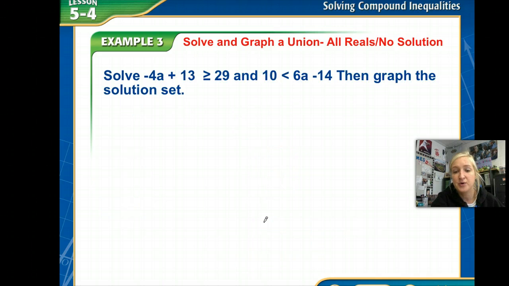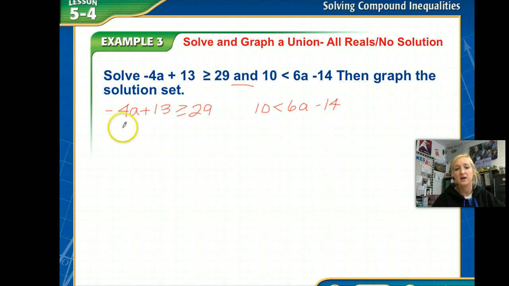All right, I'm sure you can assume that the answer for this would be no solution, and I'm going to show you why. We have negative 4a plus 13 is less than or equal to 29, and 10 is less than 6a minus 14. Well, the big red flag here is that you're solving a union and you're using the word and.